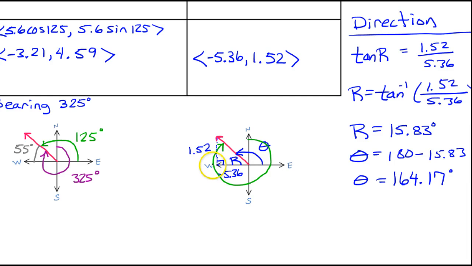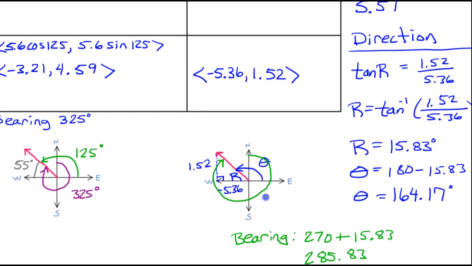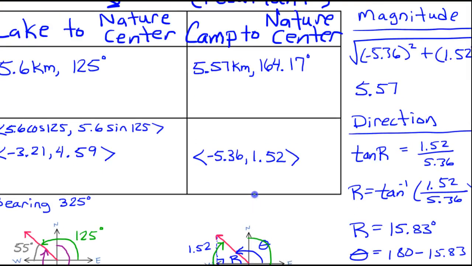But I went a little bit further by the amount r. So I went 270 plus this reference angle. So my bearing should be 270 plus the reference angle, which was 15.83. So that's why my bearing is 285.83. So I'm going to go ahead and record that on my chart as well.